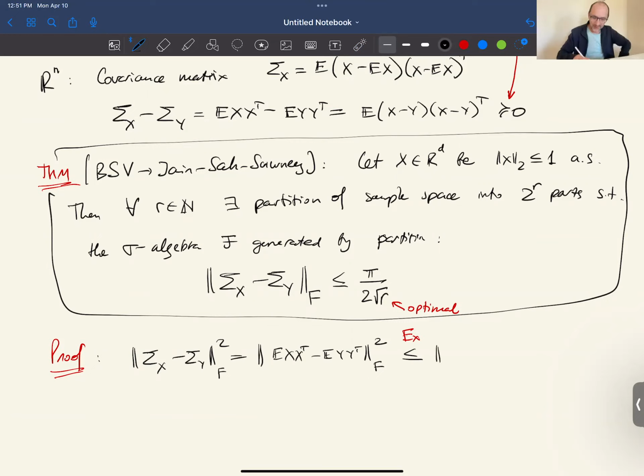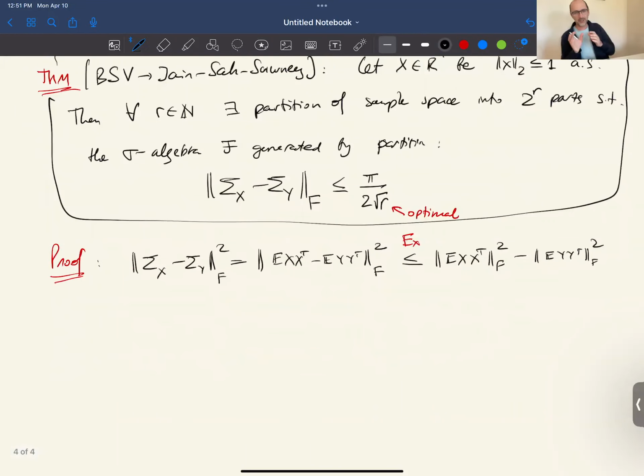So this is smaller, I think, than XX transpose minus YY transpose in the Frobenius norm. So the conditional expectation forms a non-trivial positive angle with the actual one.